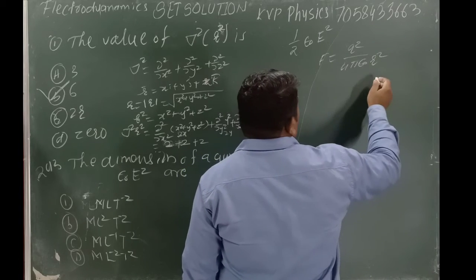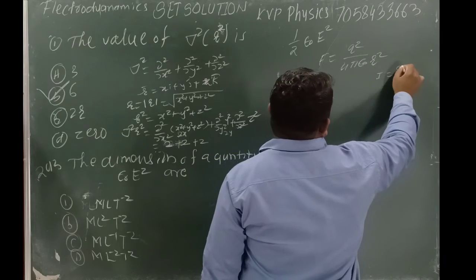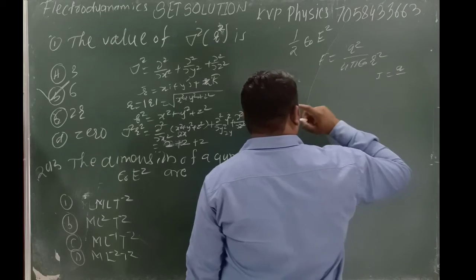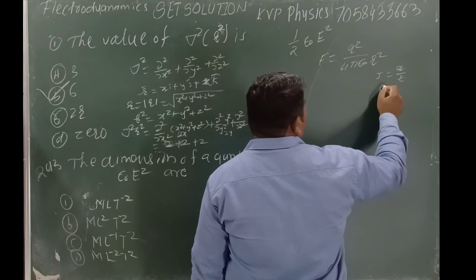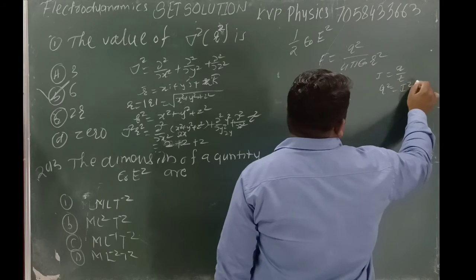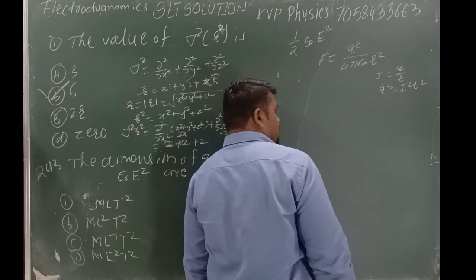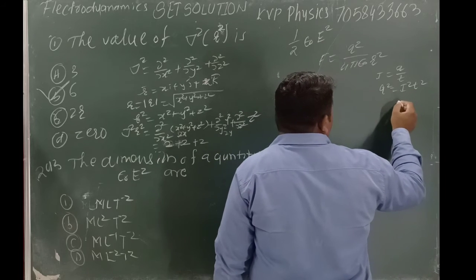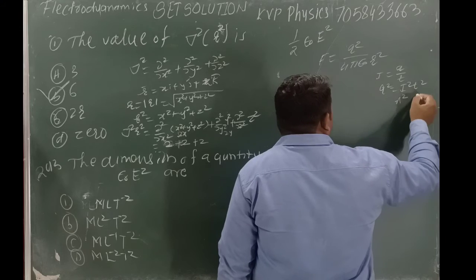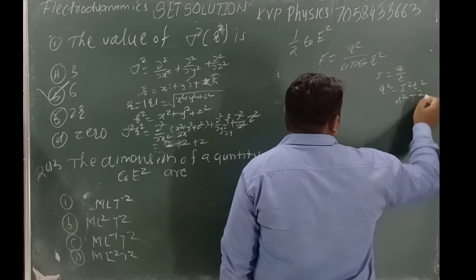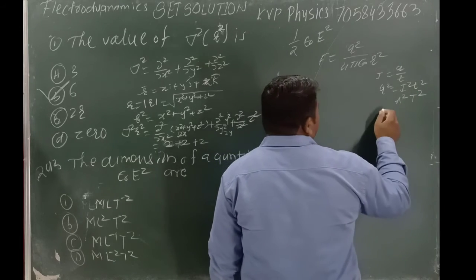Current I can be written as Q upon T. Yes or no? Means Q square is equal to I square T square. Dimensionally, I square is ampere square, and T is time, so T square. What is the dimension of Q square?